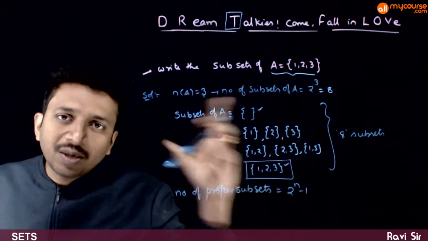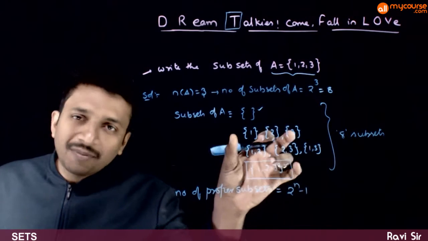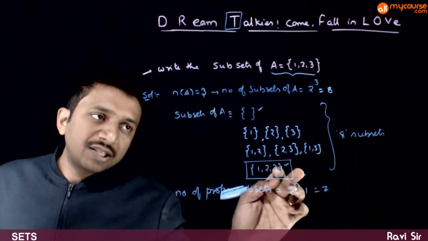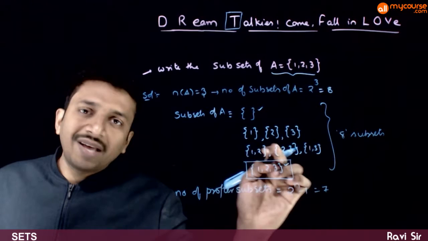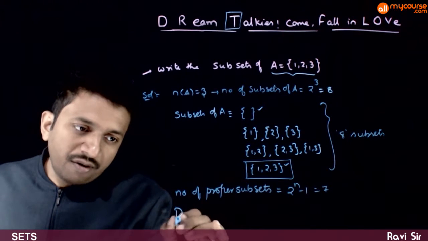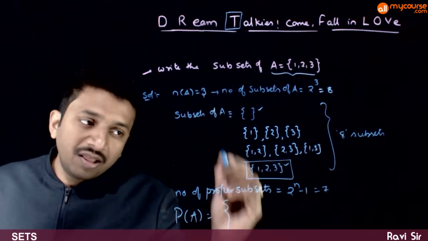Out of all these subsets, you have to exclude the set itself. Then the remaining subsets are called proper subsets. You have 1, 2, 3, 4, 5, 6, 7 proper subsets. And if you are asked to find the power set of A, the power set of A is nothing but a big set containing all these subsets.